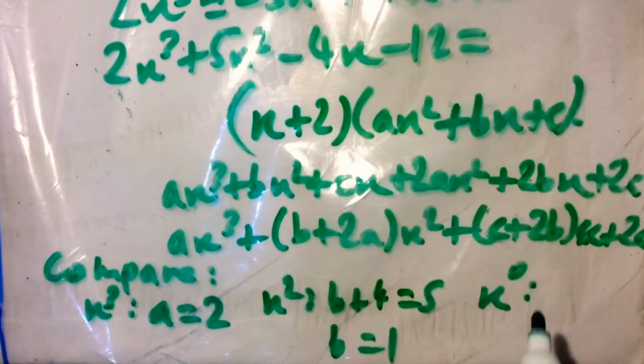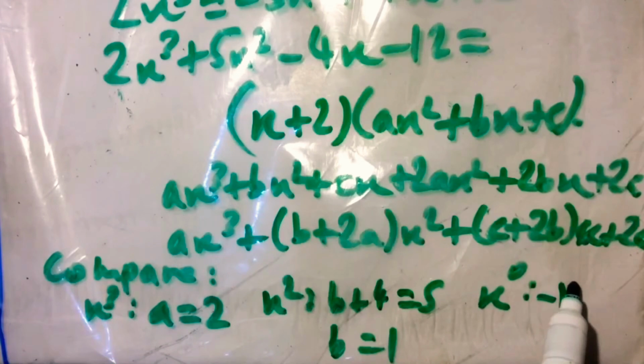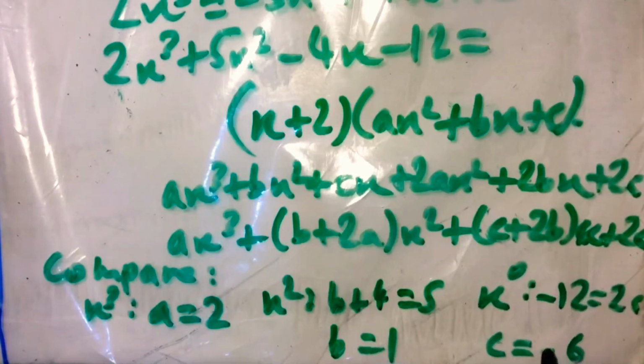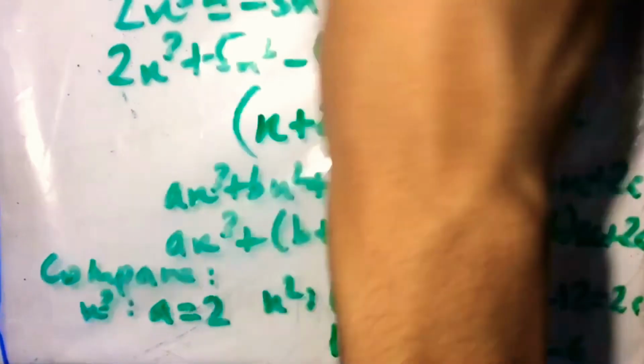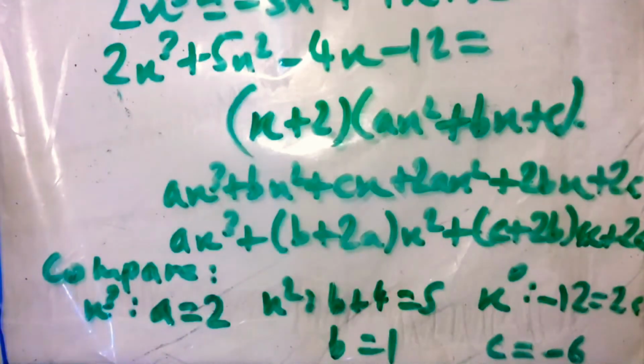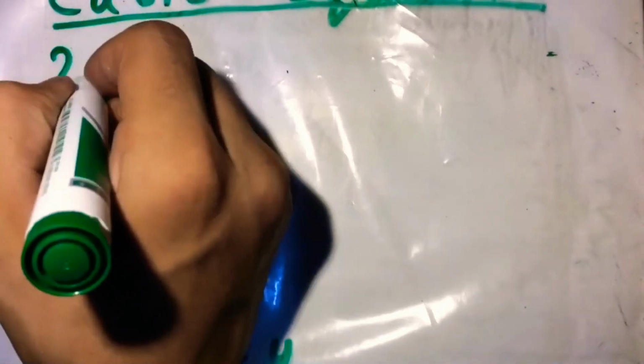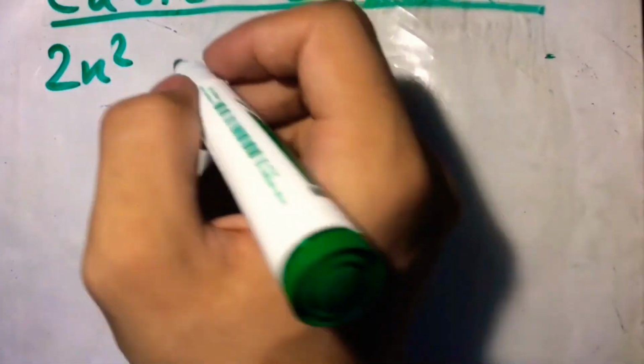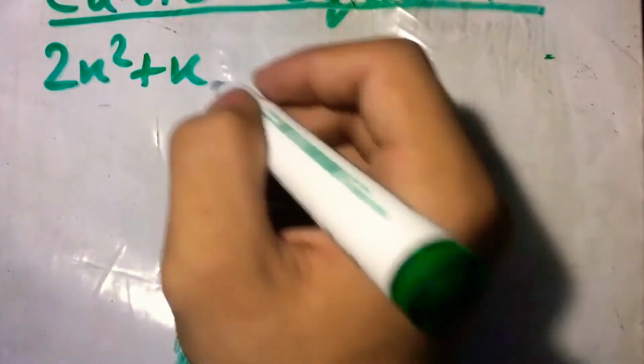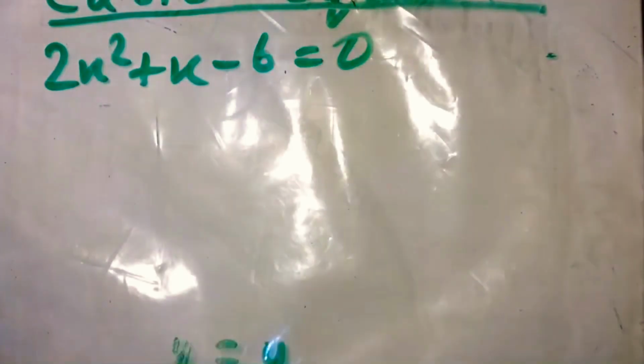So minus 12 equals to 2c, c equals to minus 6. So the equation that we've got now is 2x square plus x minus 6 equals to 0.